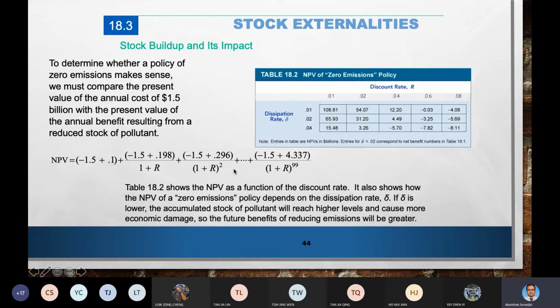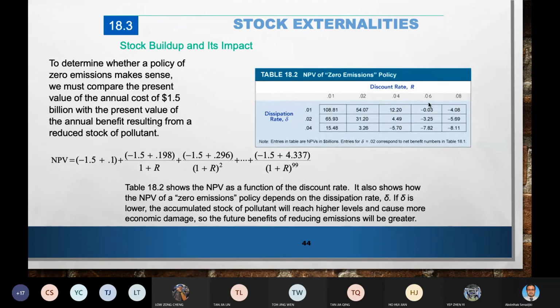When the dissipation rate is only 0.01, you can see discount rates of 0.01, 0.02, 0.04 are positive, and 0.06 and above is negative. So when the discount rate is higher, the policy does not make sense.